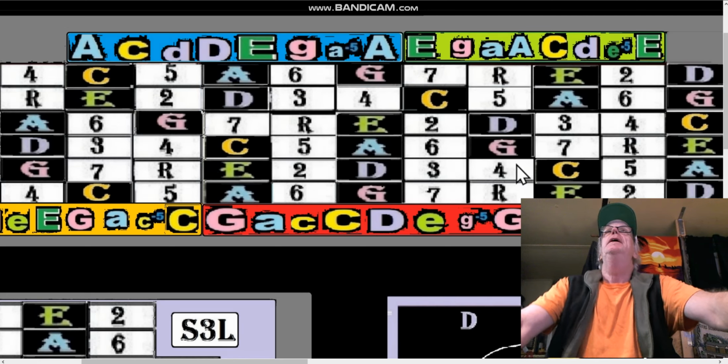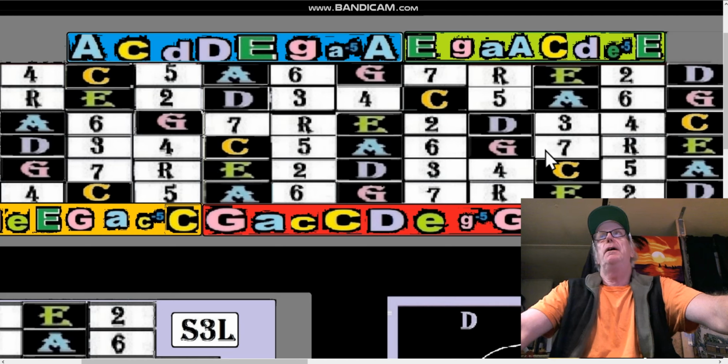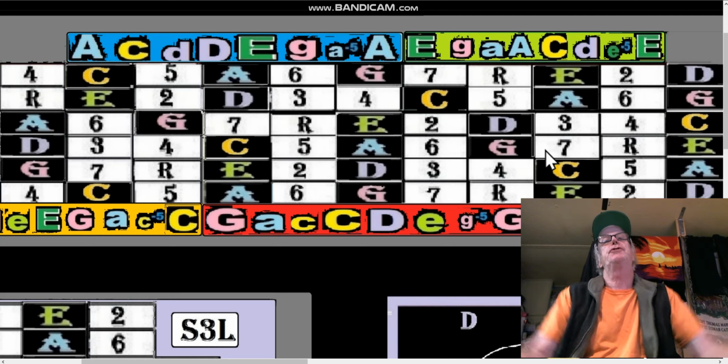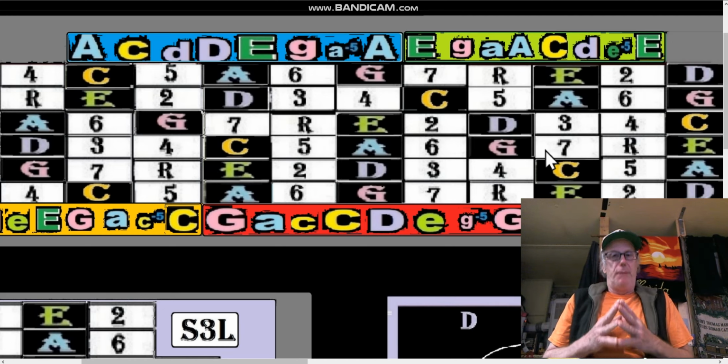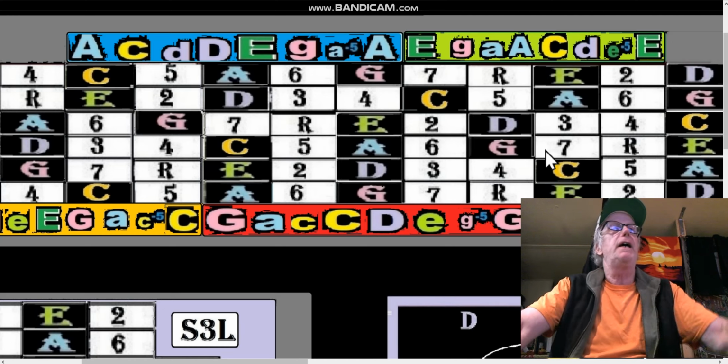Okay, so this is a little bit of a difficult topic because there's so much excitement about playing the modal. There's a lot of hype about playing the modal scale.